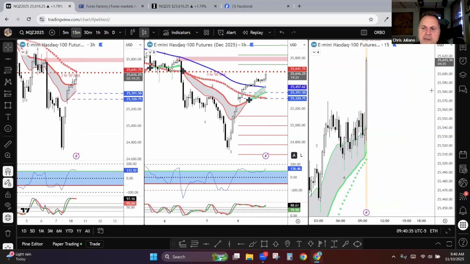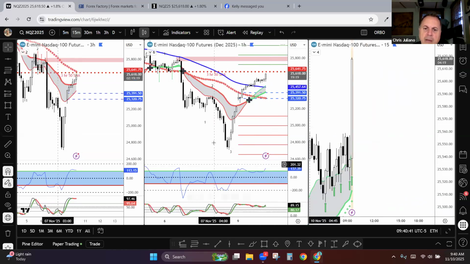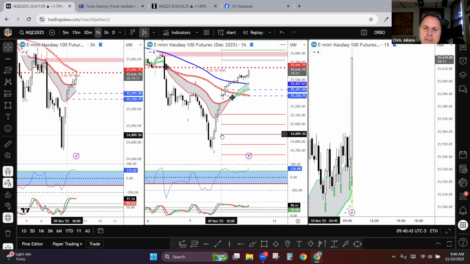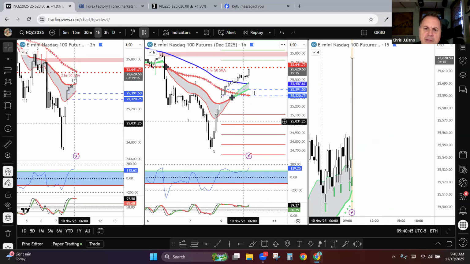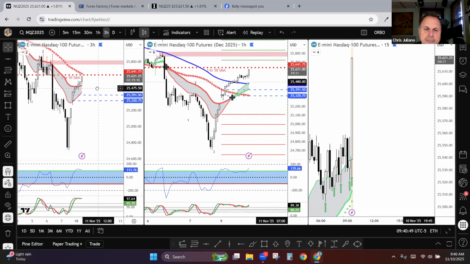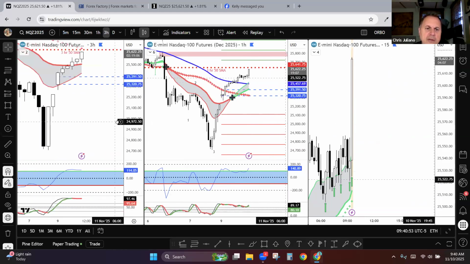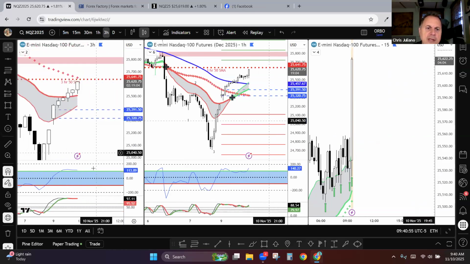Let's see if it bounces off and gives us some sort of a pullback to this area. I think a lot of people see this, they want to take it as a target. We should get some sort of a bounce off of that.